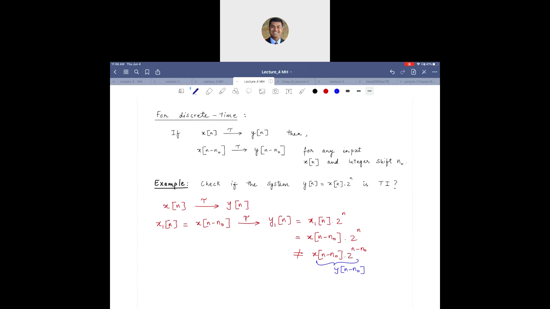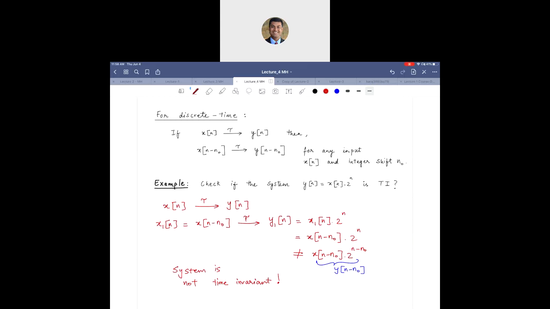And the fact that it is not equal, we can say the system is not time invariant. That means it changes with time. So the LTI property doesn't hold, and superposition cannot be applied for such systems.